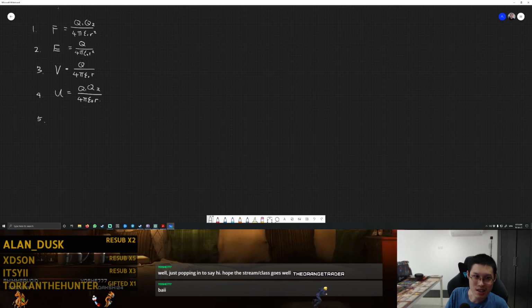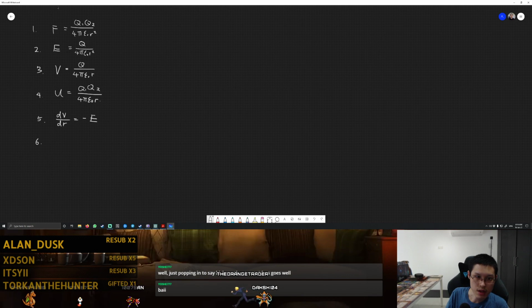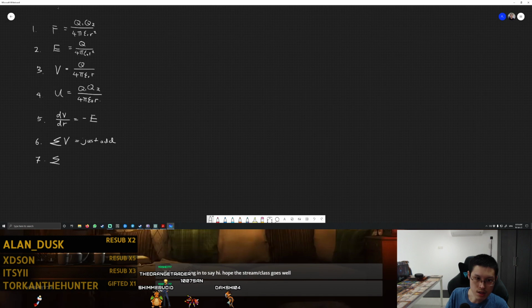And we also know that the negative of the electric field strength is equal to the potential gradient. And then for the resultant electric potential, you just add them up, since it is a scalar. For the resultant electric field strength, you have to take E1 and add it with the negative of E2.